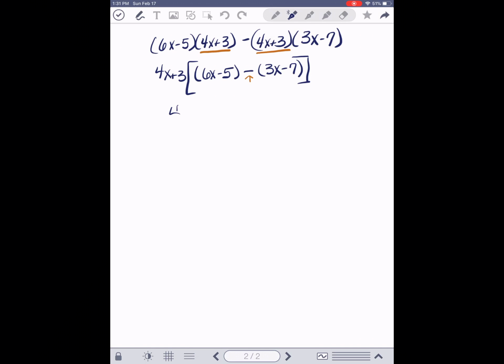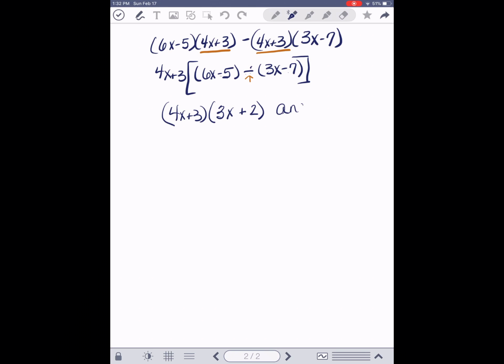So now we have 4x plus 3 times 6x minus 3x, which is 3x. And then you have a negative 5 minus a negative 7, which is negative 5 plus 7, which is plus 2.